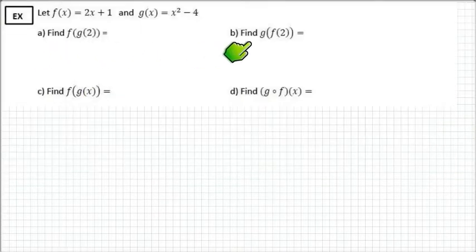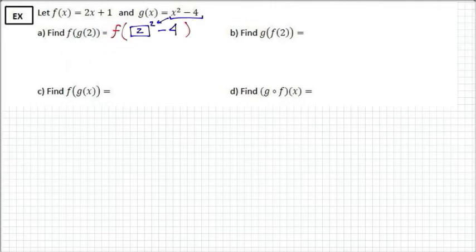The first ones start with a number, and then it gets more abstract with the variable. When it's a number, it's very easy. Just work from the inside out. Just ignore the f function completely and calculate what g of 2 is. So I'm going to start off with the inside. G of 2, I'm going to plug 2 into the g function and evaluate that.